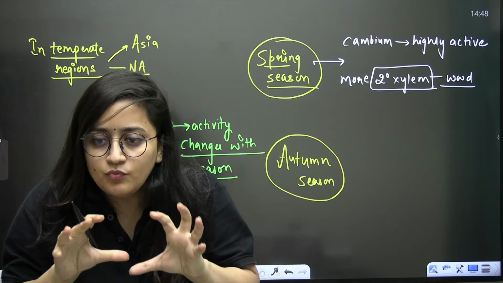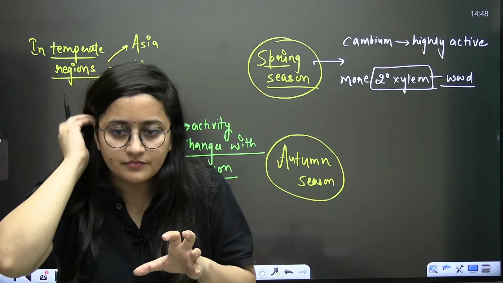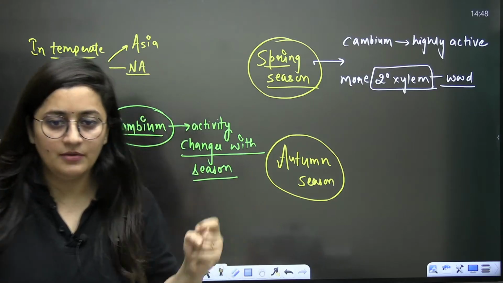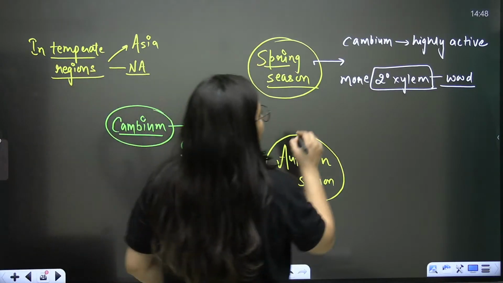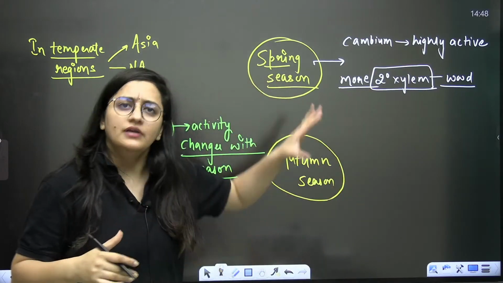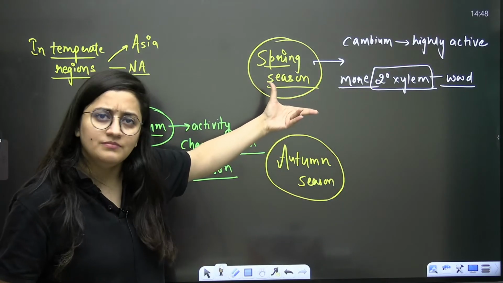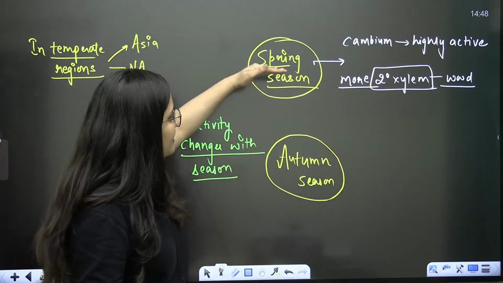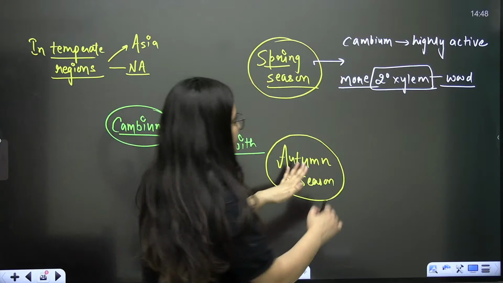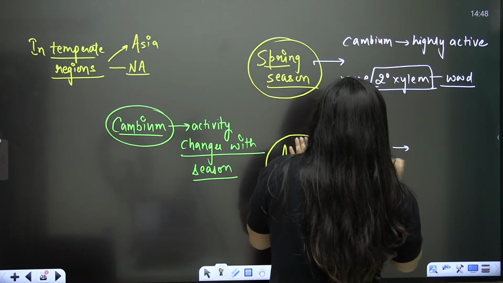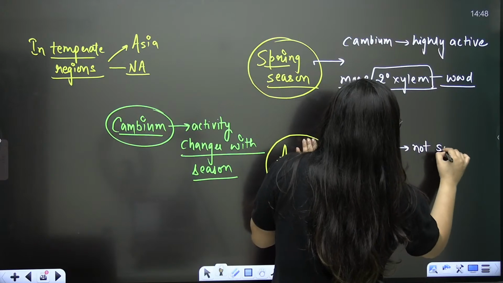That woody part is your secondary xylem. So here more secondary xylem will be formed. The cambium is active. In comparison to secondary phloem, more secondary xylem will be there. But ultimately, if I compare spring season and autumn season, in spring the cambium is active, while in autumn the cambium is not so active.